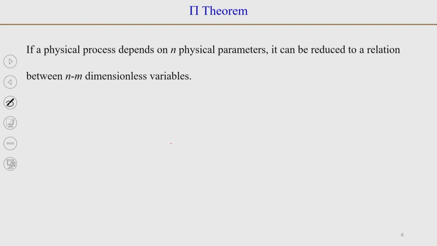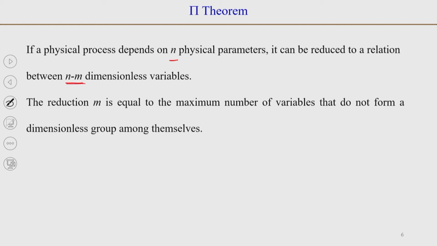It suggests that if a physical process depends on n physical parameters, then it can be reduced to a relationship between n minus m dimensionless variables or dimensionless groups. This m is equal to the maximum number of variables that do not form a dimensionless group among themselves.